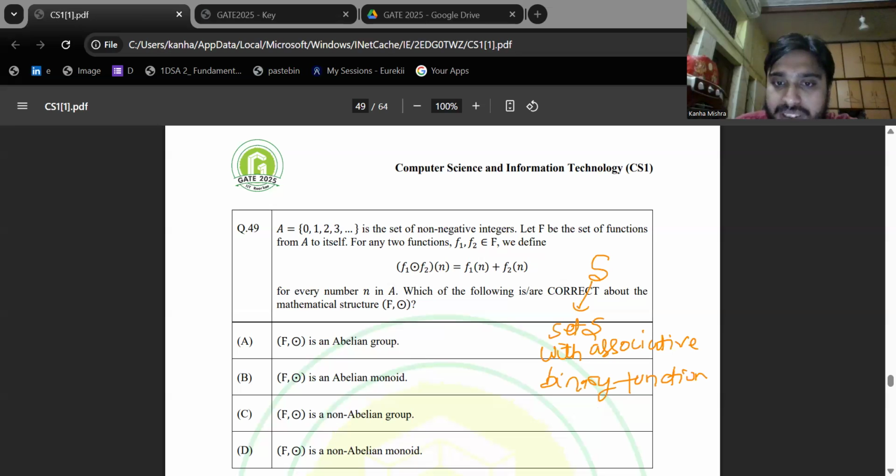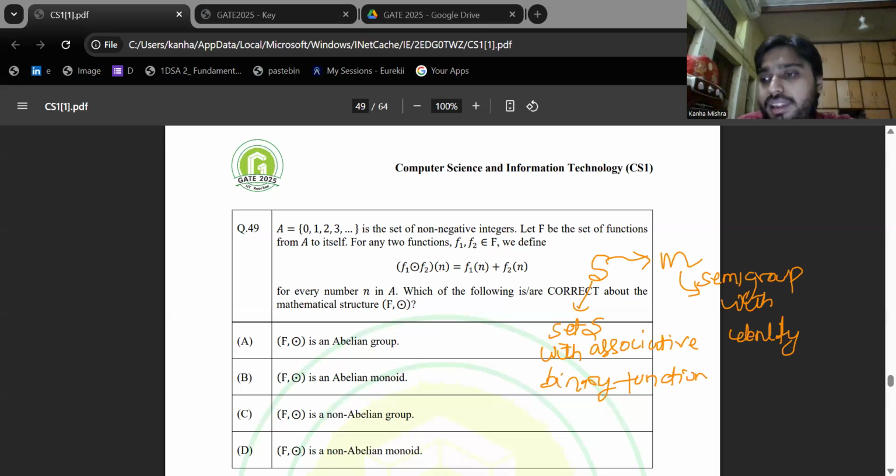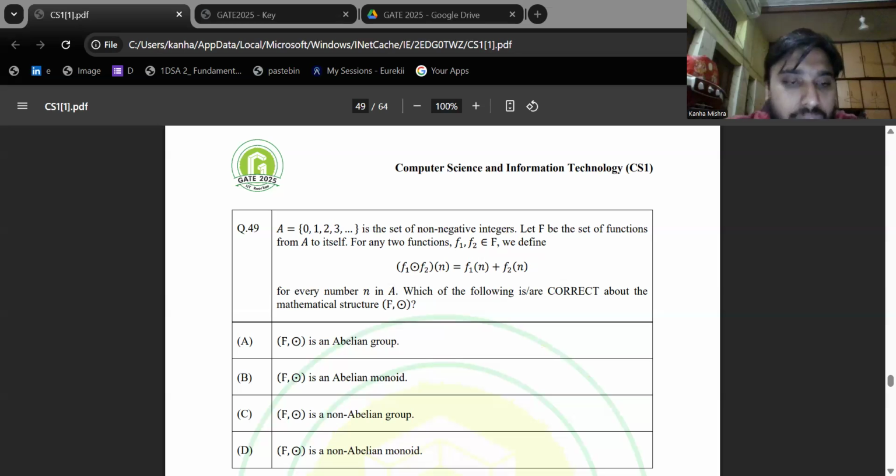A monoid is a semigroup with an identity element. What is an identity element? Identity element E is such that A times E is equal to E times A is equal to A, where A belongs to this particular set S. Now, what is a group? A group is basically a monoid.